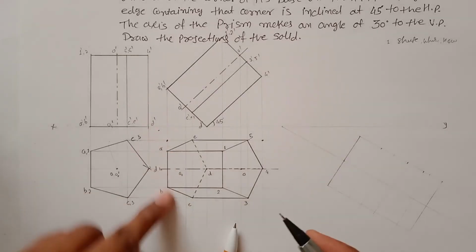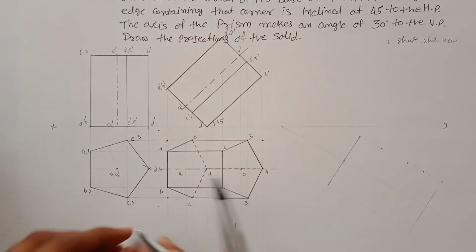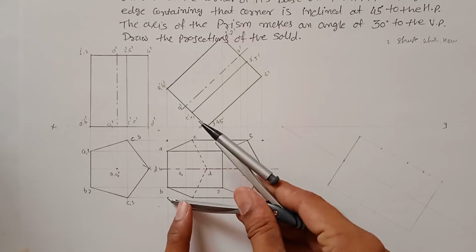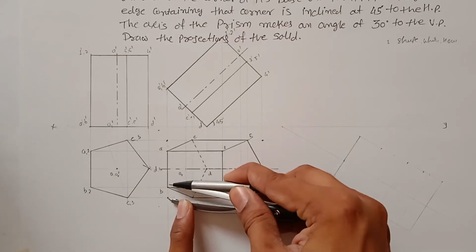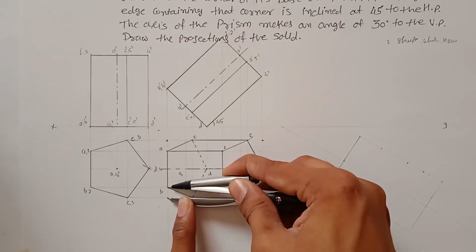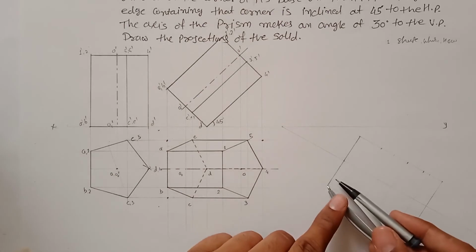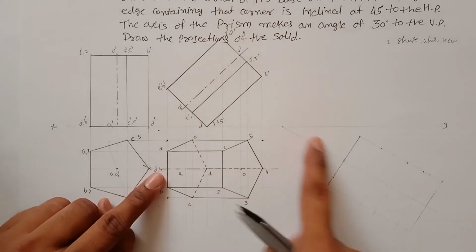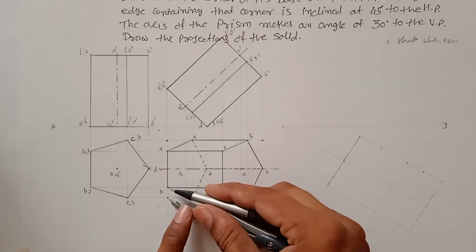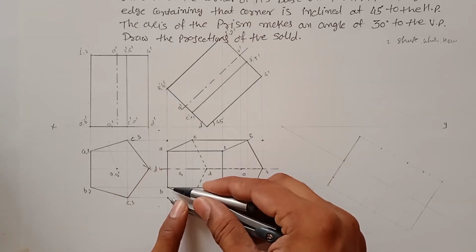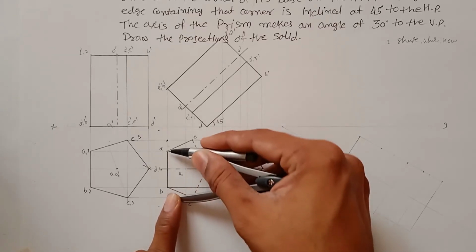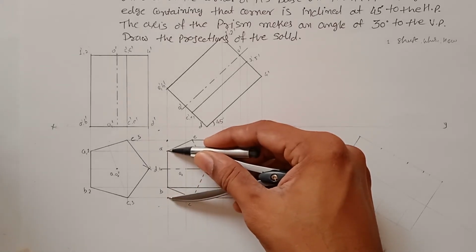Then mark this distance from the B point, this point. This distance over here, and the axis is already drawn, so there is no need to measure it again, and only one line is remaining, which is a line from this distance.